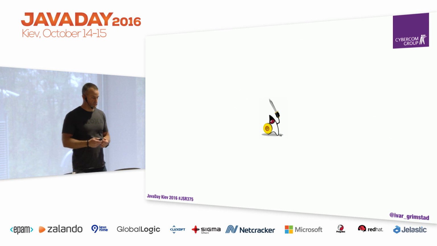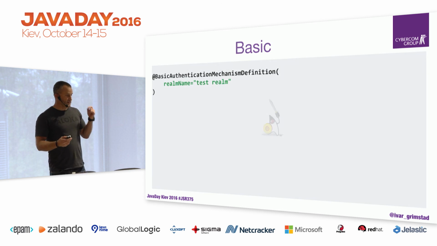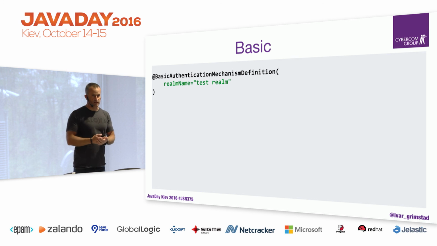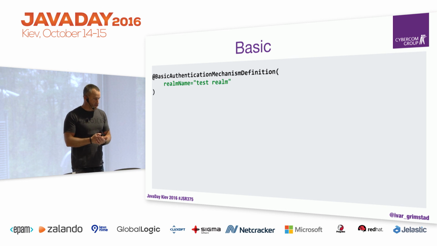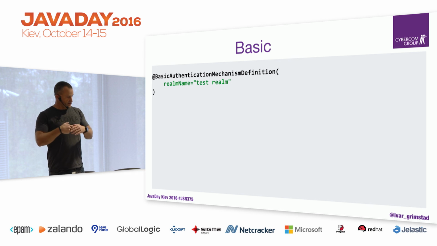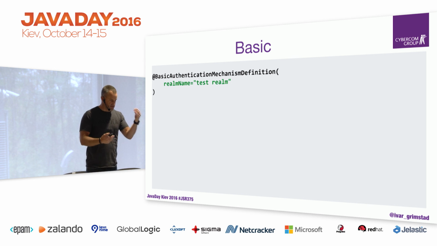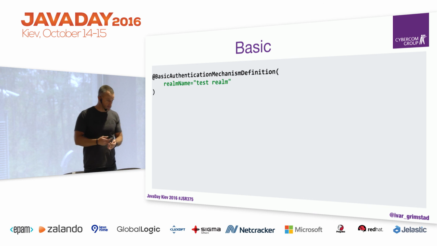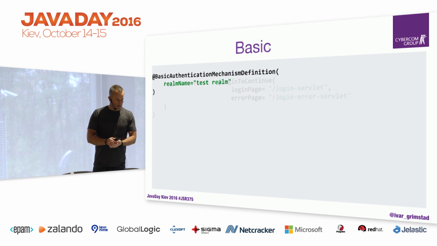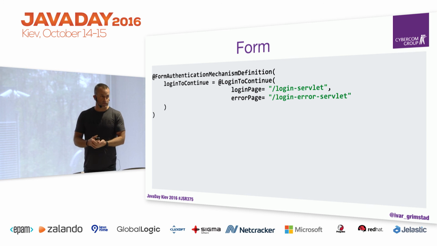So how does it look, the way we come from it? We've defined that one authentication mechanism that is widely used is basic authentication. We want to be able to have an annotation in your application that is just a basic authentication mechanism provider definition. You say which realm this is for, and just annotate your, for example, servlet with it. I'll show demos afterwards. Form-based authentication is also pretty useful.